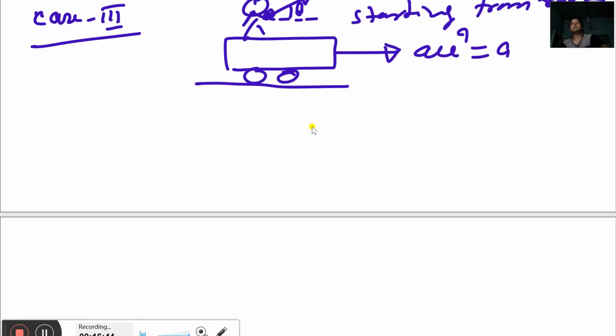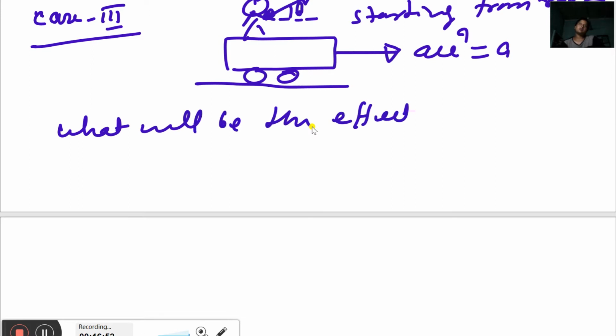What will be the effect on time of flight, greatest height and range? First of all, we have to break components.